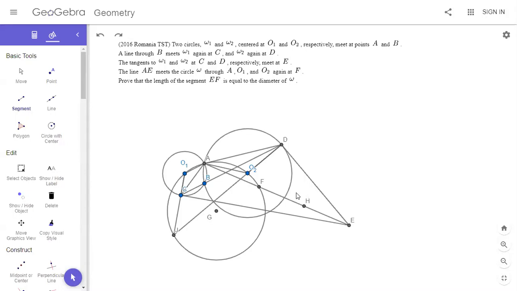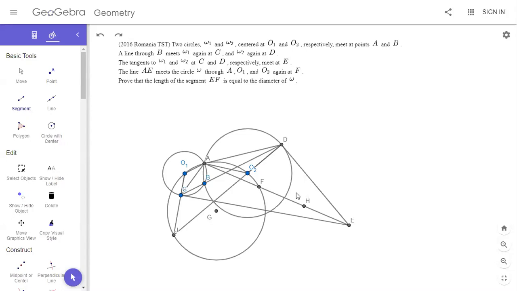So J, A, D, and E, can we use an angle chase to show it?